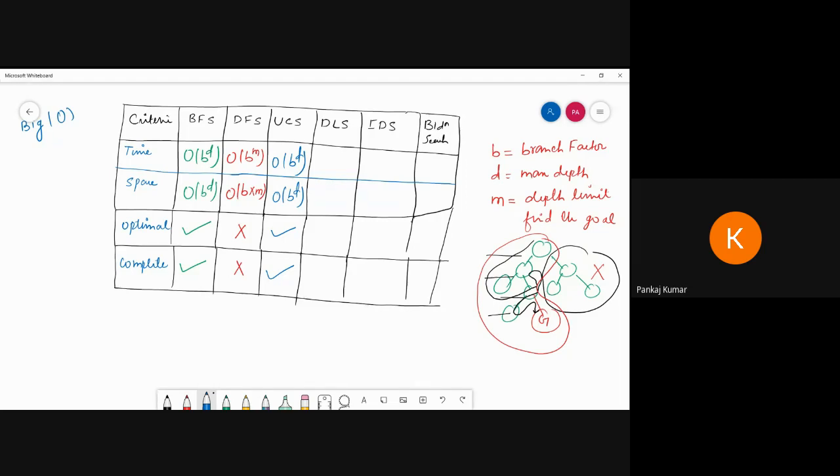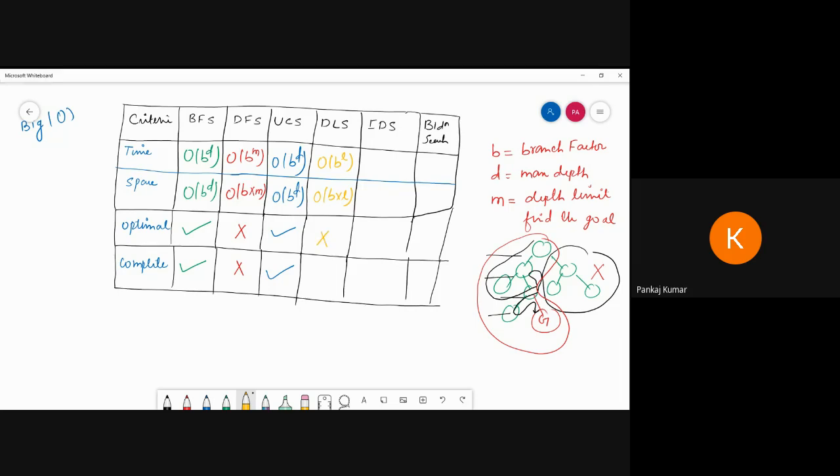Now depth limit search. Here in the place of m, I am going to use order of b to the power l. I can fix the limit. Then space complexity, as it is depth first search. Is it optimal? It will not always be optimal.